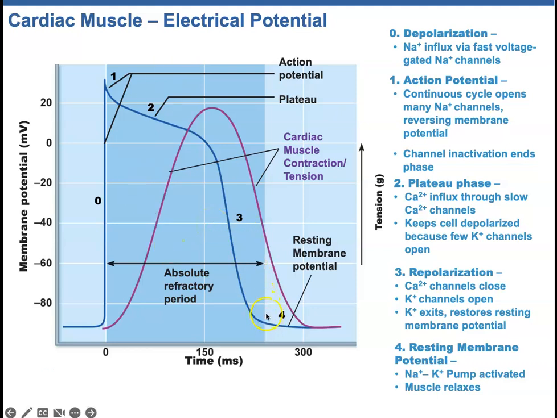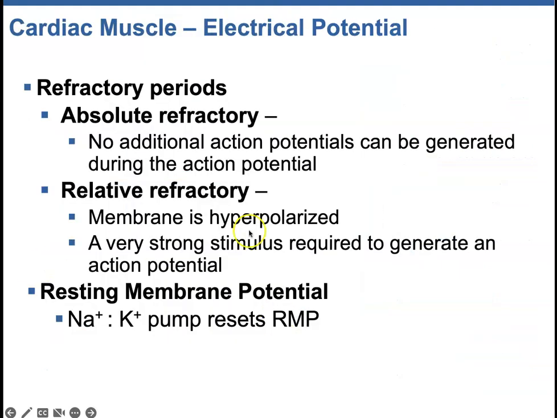But once you get down here at the end of what's called the absolute refractory period, now when we're establishing that resting membrane potential, this is where we have what's called relative refractory, and that is where that membrane is hyperpolarized, and we could, if we needed to, or if the heart feels like it, because it does sometimes, it will jump ahead and throw in a beat, sometimes out of order, or if your heart is going very fast, it'll just jump in.